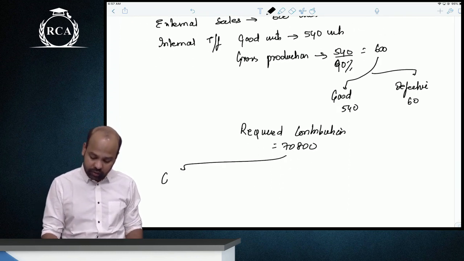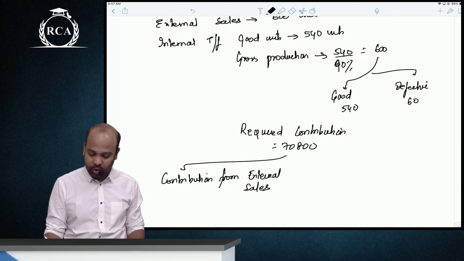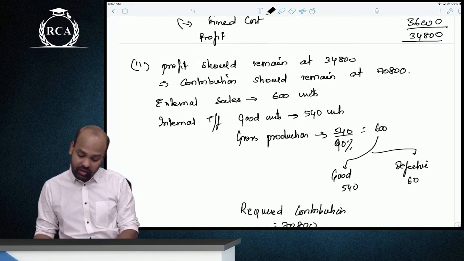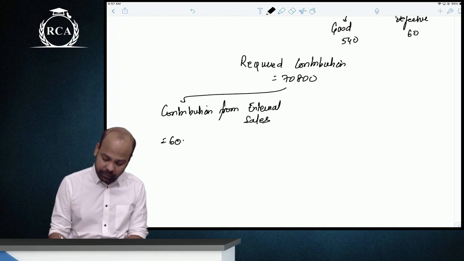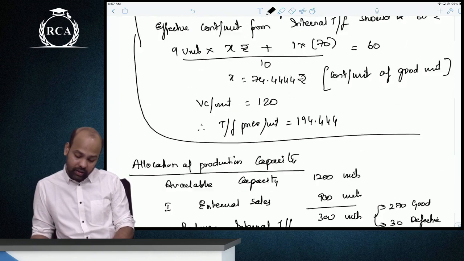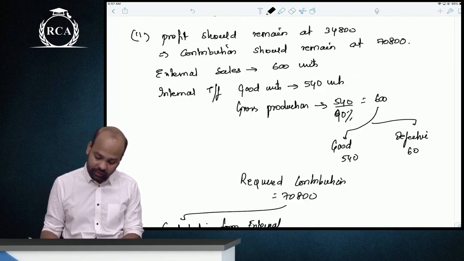Out of this, what is the contribution from external sales? The contribution from external sales is 600 units multiplied by the contribution per unit from external sales, which is 60 rupees.